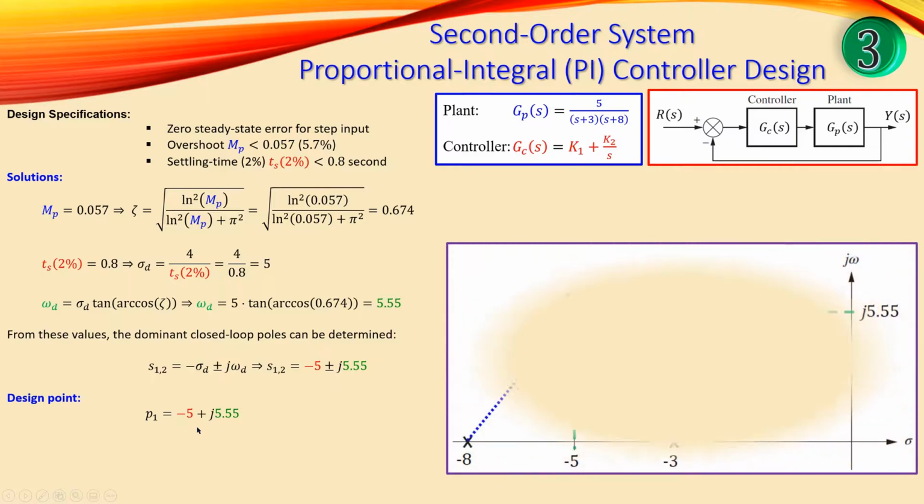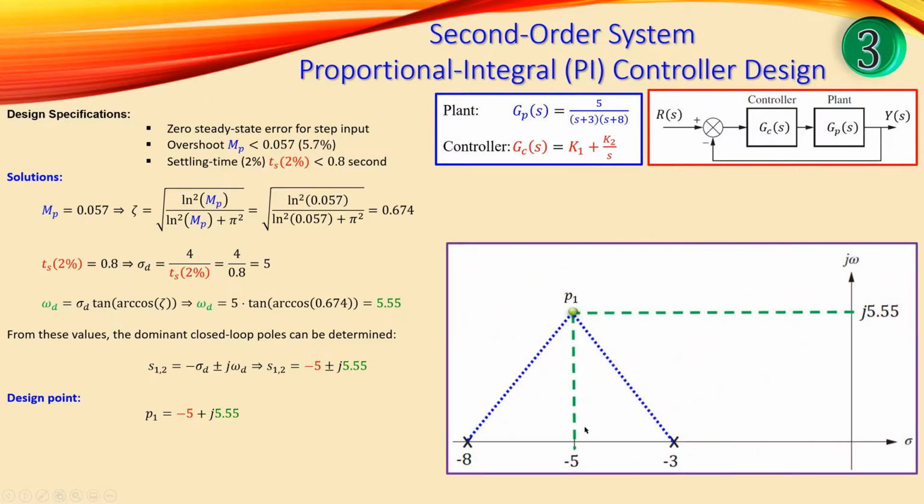Now let's look at it in a diagram. It will be a bit helpful. The P1 is located here, which has a real part of -5, shown here, and also an imaginary part of 5.55. So there is the design point here. There are also two poles from the open loop plant, which are at -3 and -8, given by these two crosses.